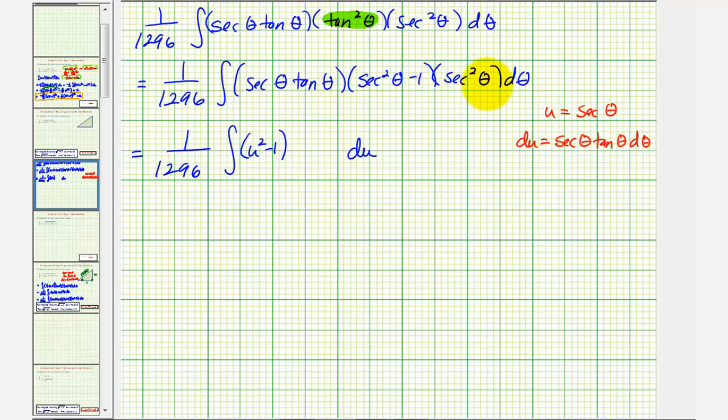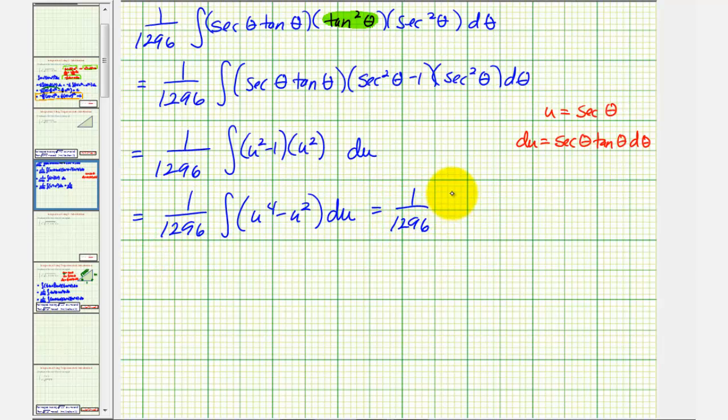And secant squared theta is equal to u squared. Let's go ahead and distribute. So we have u to the fourth minus u squared. Now we'll integrate with respect to u. So we'd have u to the fifth divided by 5 minus u to the third divided by 3 plus c.